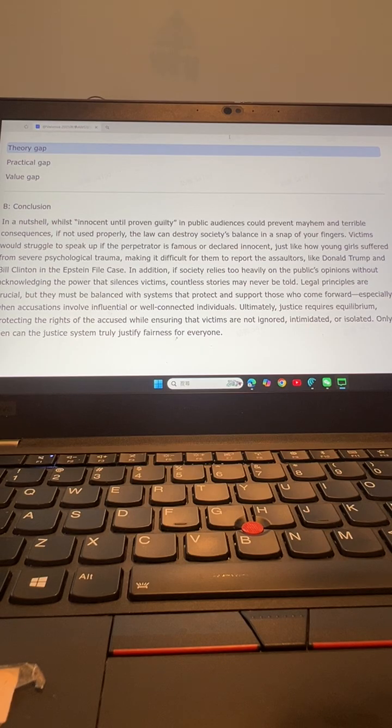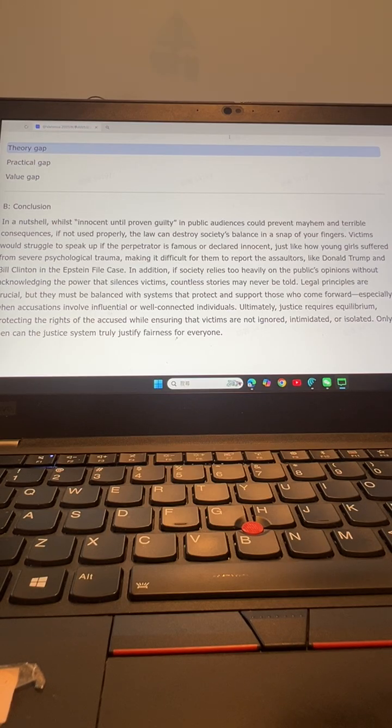And also, in addition, about the victims of the struggle to speak up, countless stories may not be told, which really affects a lot of things in society. Again, to the Epstein file case as well, where people are starting to speak up, like last week or a few days ago, I'm not sure, but they are starting to speak up about their stories when they were young girls and got abducted.